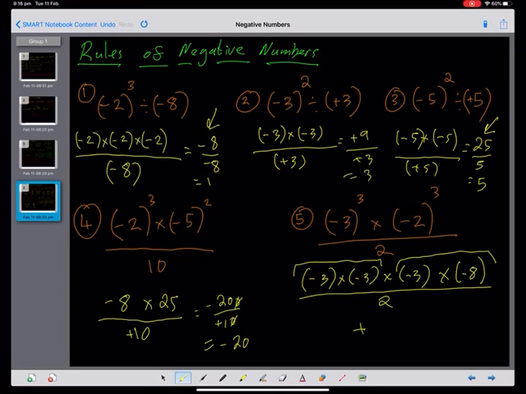So we've got 3 times 3 times 3, or 3 cubed.